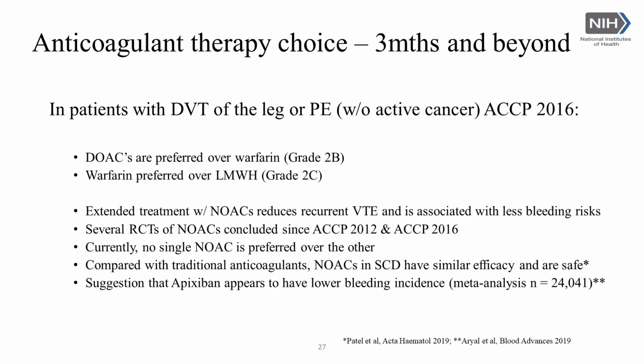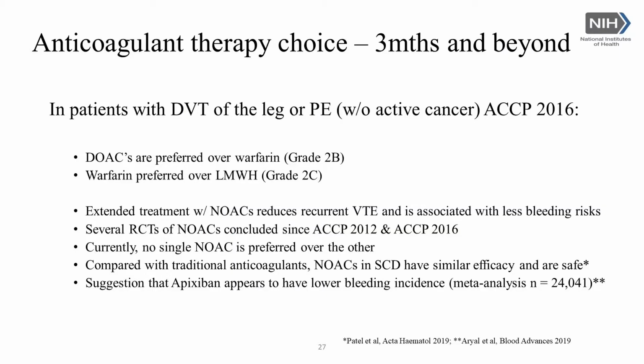These were all non-inferiority design studies, but the safety was greater, meaning that they had less bleeding at the end of 3 months. Currently, there's no single NOAC that's preferred over the other, and compared with the traditional anticoagulants, NOACs in sickle cell disease have similar efficacy and are quite safe. I will show you that data, but we'll talk about it.